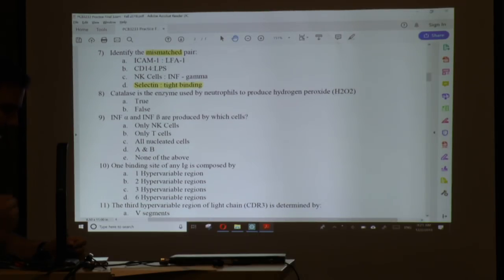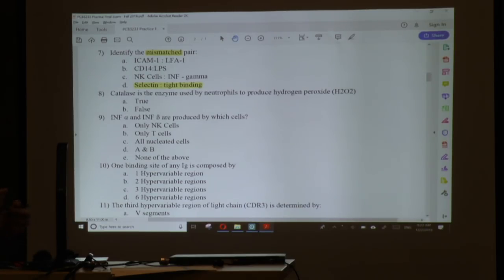Cool. So catalase is the enzyme produced by neutrophil to produce hydrogen peroxide. Is that true or false? False, right? Catalase breaks down hydrogen peroxide. Why is it good that we have cells that break down hydrogen peroxide? Does anyone know? Yeah, it's really bad for us. It can produce oxygen radicals, and those are not good for you.